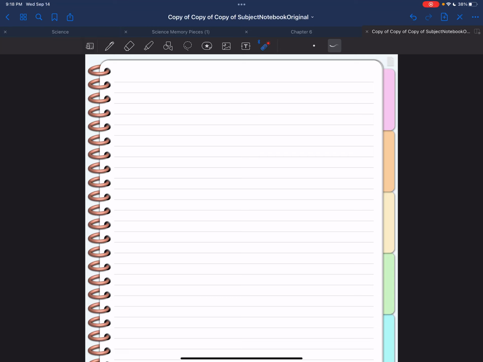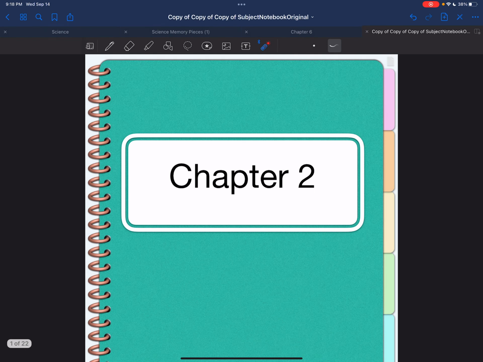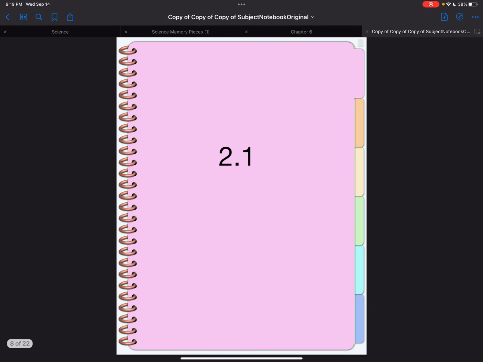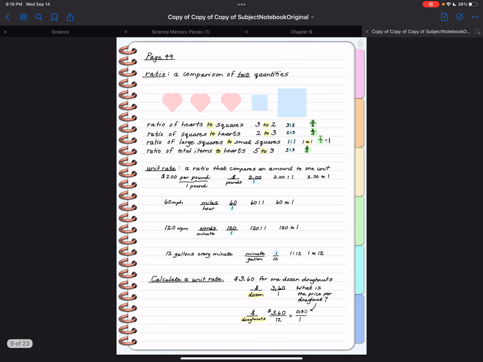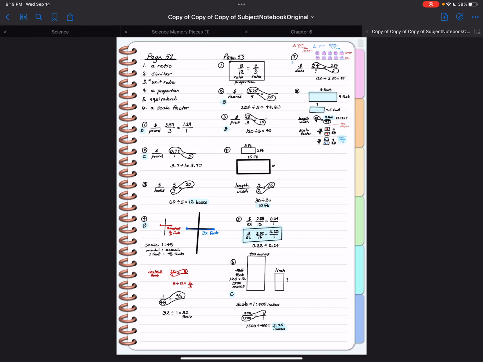I am back with the exercise portion of lesson 2.1, and before I do this one, I want to show you how to find this in my notebook. So I am putting all of the lesson 2.1 in this pink section. You'll notice that we have page 49 all the way up through page 53 where I've worked those problems.